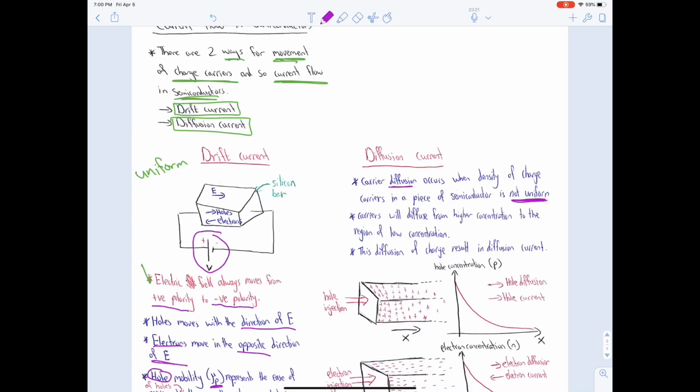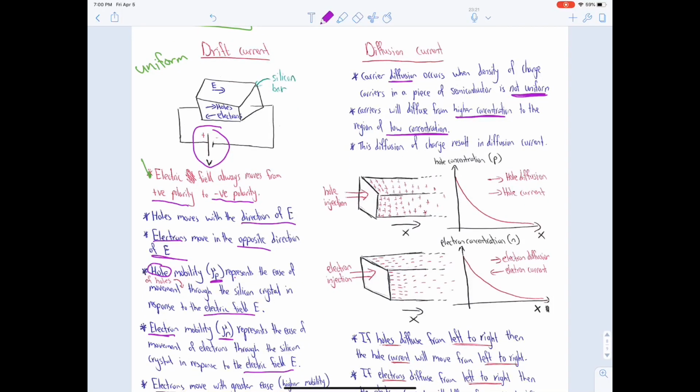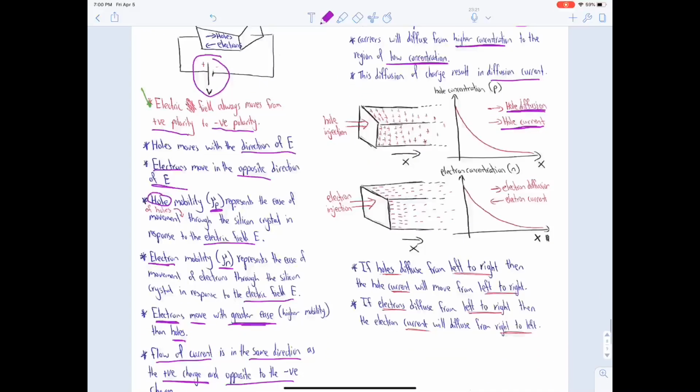Carriers will diffuse from high concentration to low concentration. This diffusion of charge results in diffusion current. So we will always have the hole diffusion flowing in the same direction as the hole current, and the electron diffusion flowing in the opposite direction of the electron current.